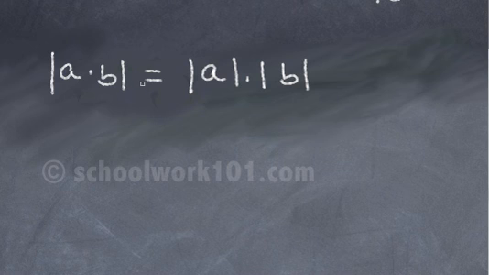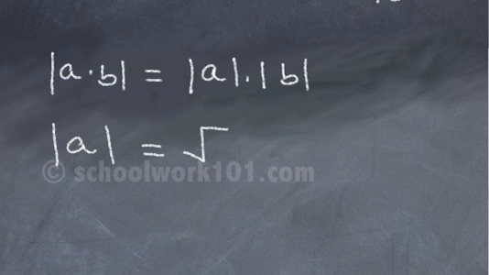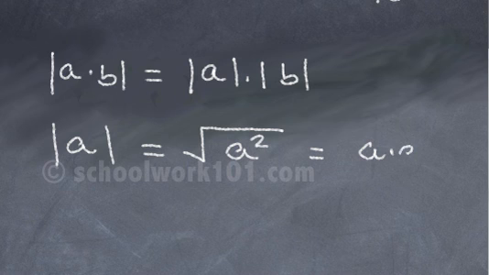Let's look at another one here. What if we had the absolute value of A? That is equal to the square root of A squared. Right, this is A times A. So if A were positive, then you just get a positive number, and you would take the square root of it.